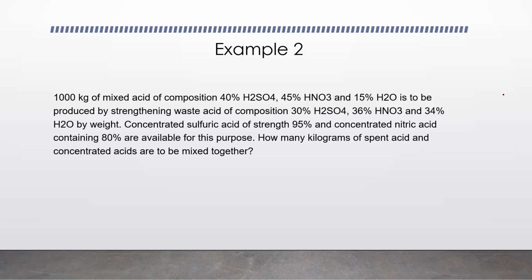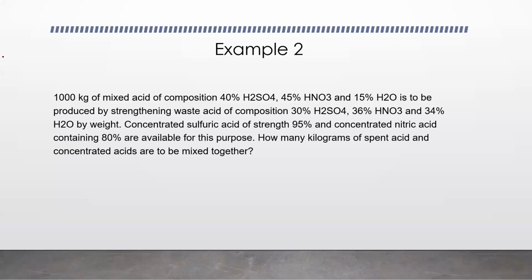How many kilograms of spent acid, which is basically waste acid, and concentrated acids are to be mixed together? So go ahead, pause this video and try to solve this problem yourself. Hope you could solve this problem. If not, then let's have a look at the solution.